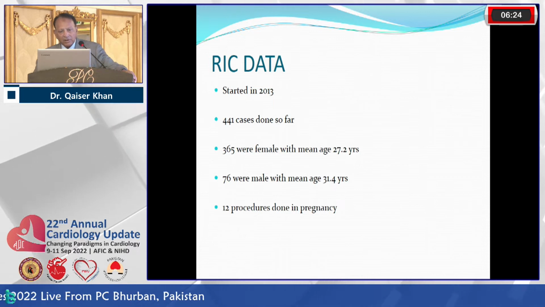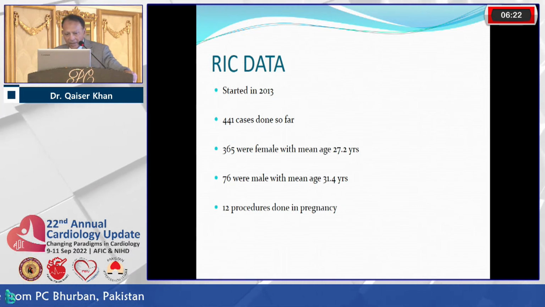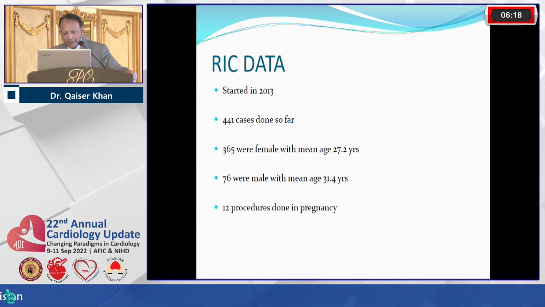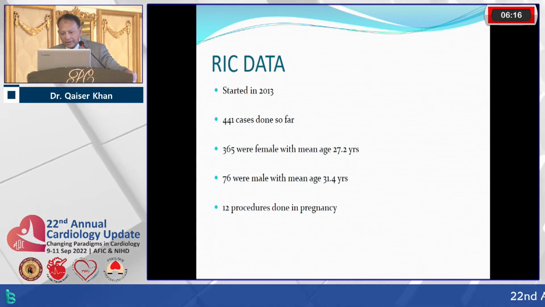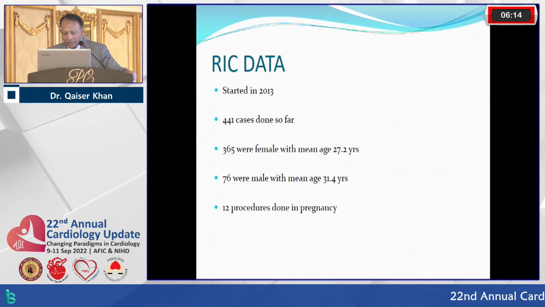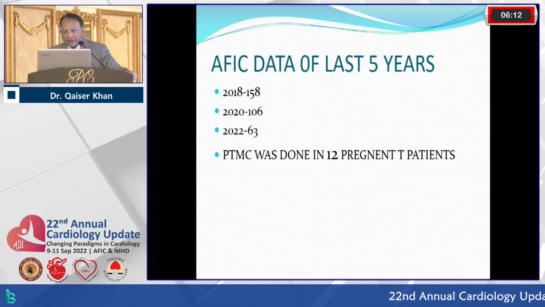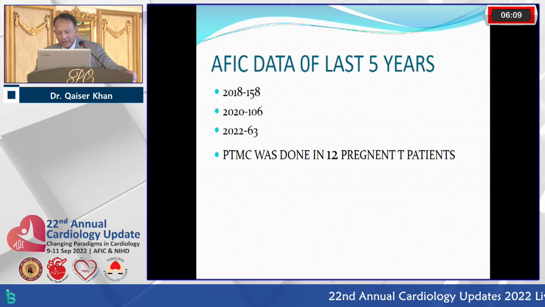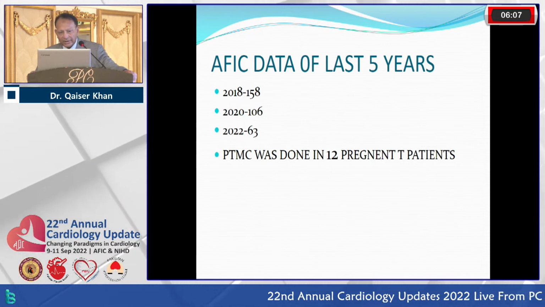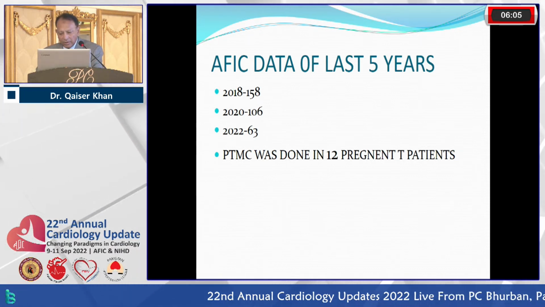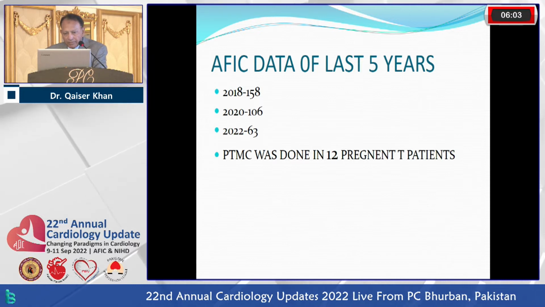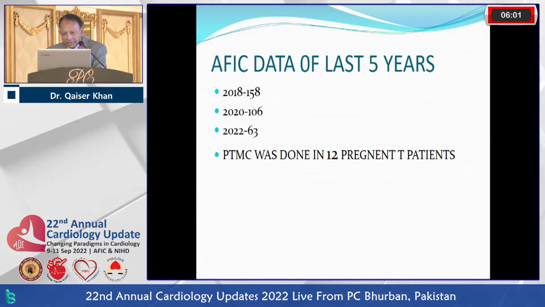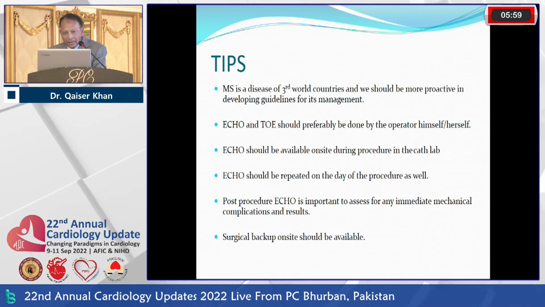RIC started this in 2013, and these are the number of procedures per year, and 12 procedures in pregnancy have all been successful, alhamdulillah. AFIC last 5 years data. AFIC has got a huge data and lots of operators available. And again in 12 pregnant patients it was done very successfully.